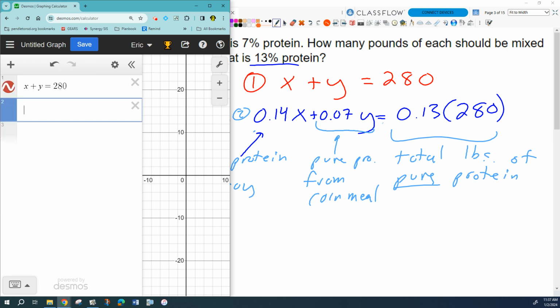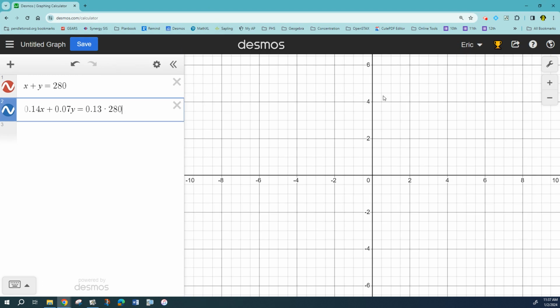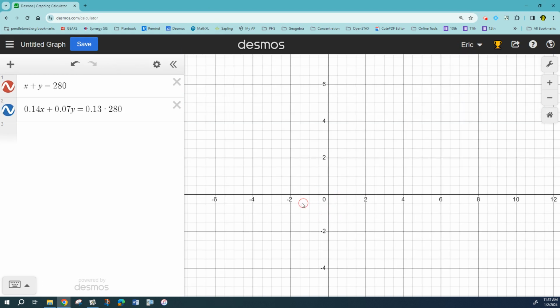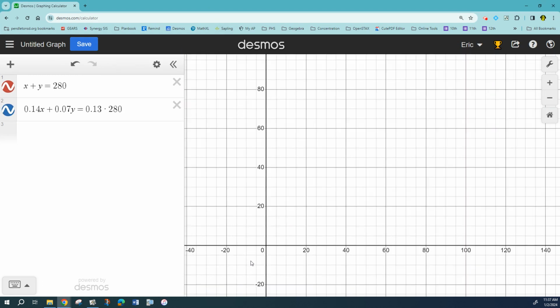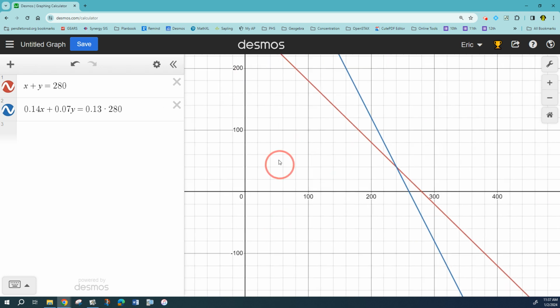Okay, next equation, 0.14x plus 0.07y equals 0.13 times 280. Okay, all right. Where is it? Oh, yeah, I got to zoom out. There you go. Okay. There it is. That's helpful.